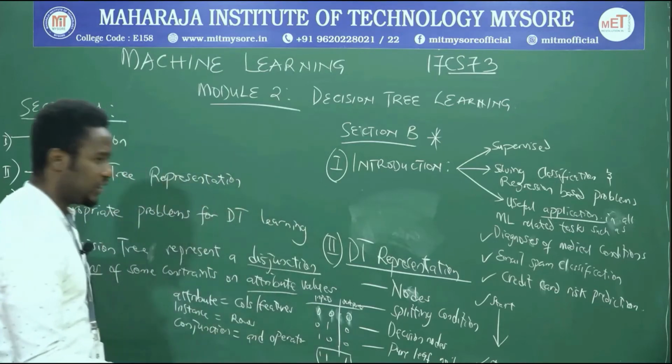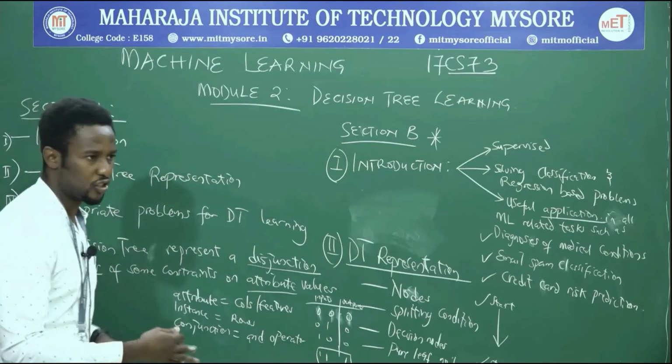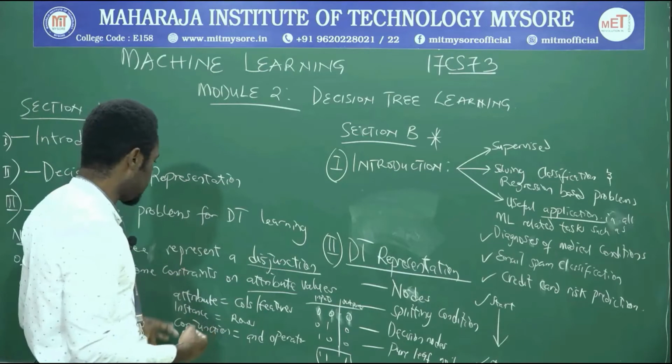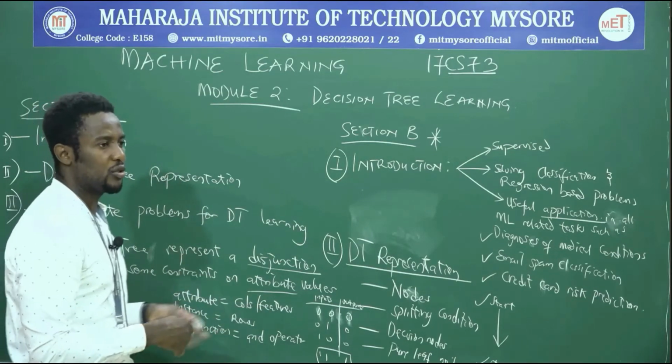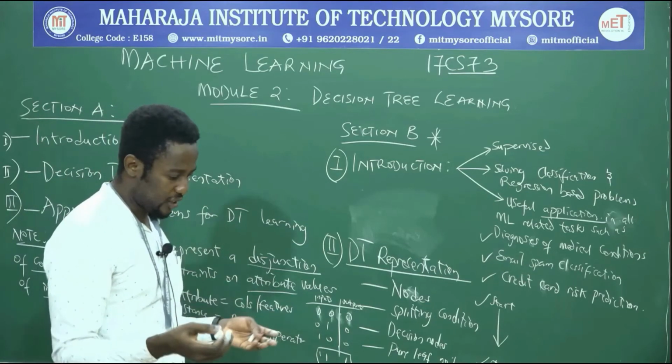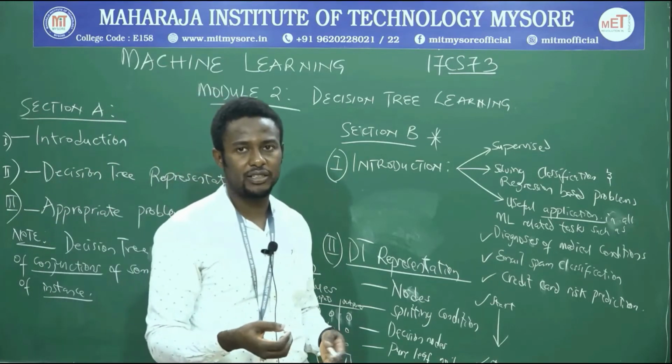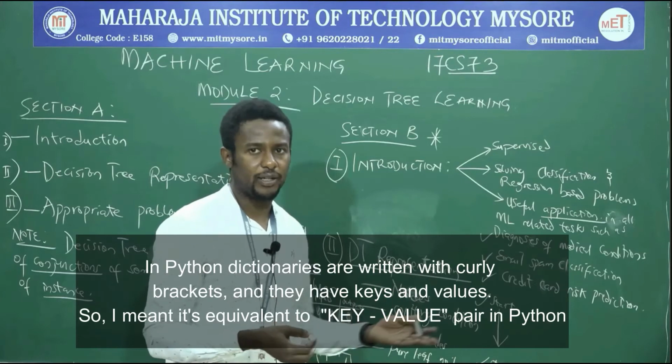So I will take a tree and we model it as conjunctions and disjunctions based on attribute value pairs. Usually an attribute goes with a value. You remember the concept of a dictionary in Python? Yes, attribute value pair, right?